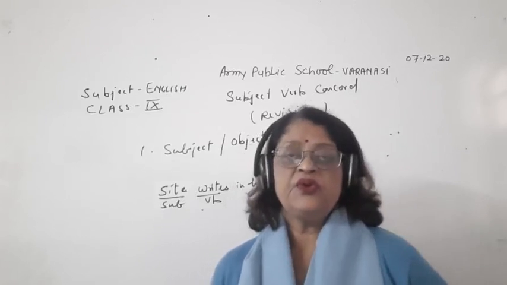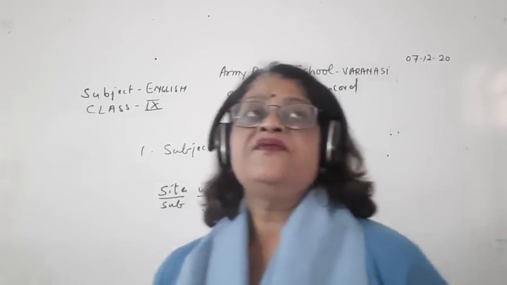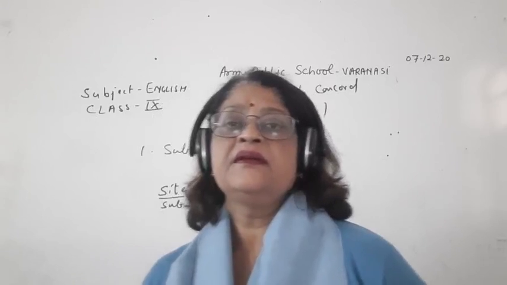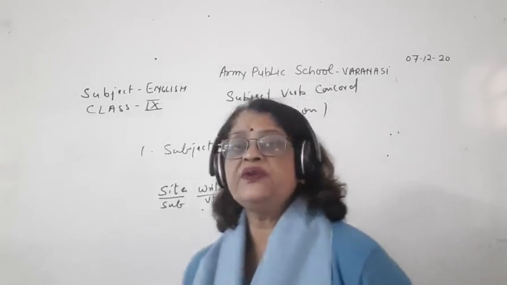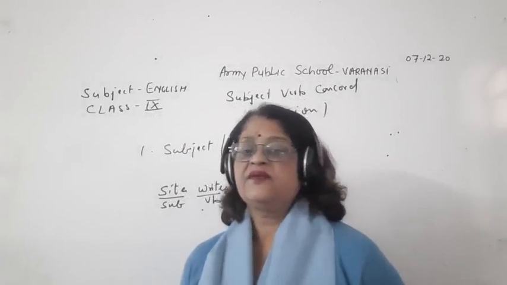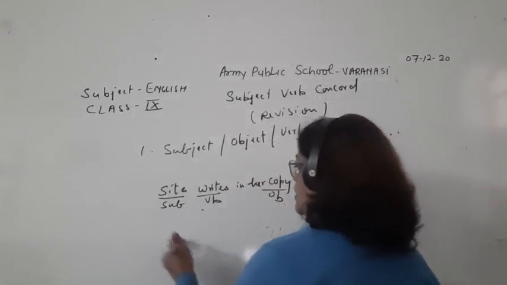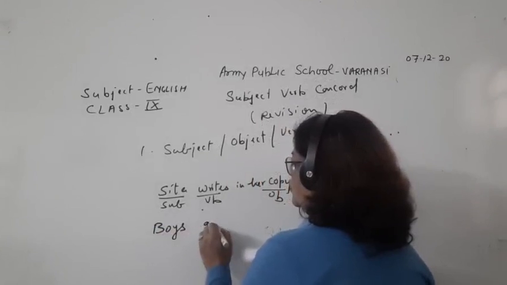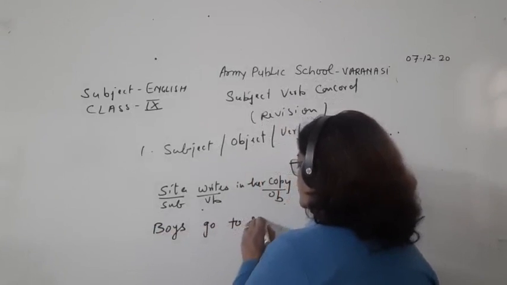Now we will come to rule number 2. With a plural subject we use a plural verb. With a plural subject, what do we use? We use a plural verb. For example, boys go to see a match.